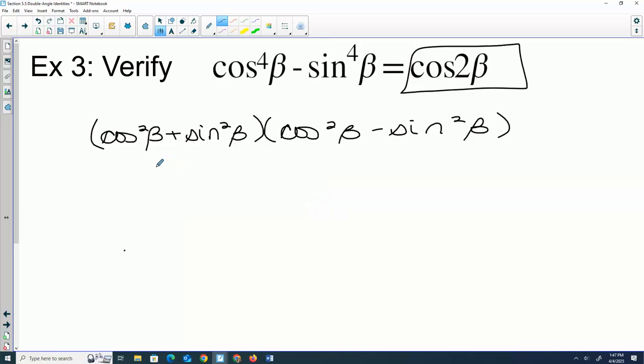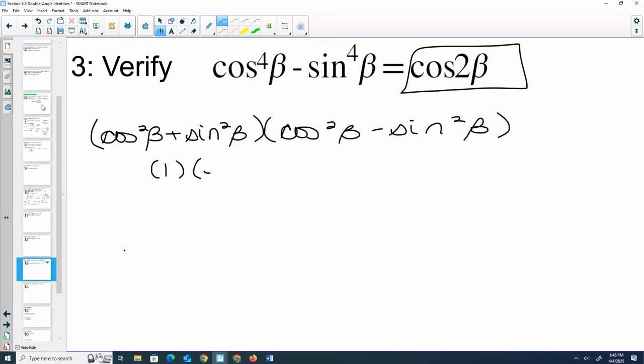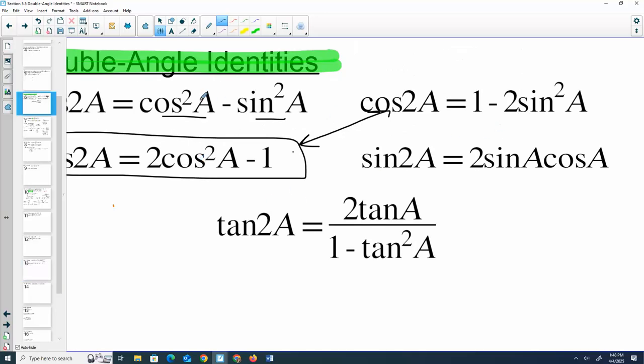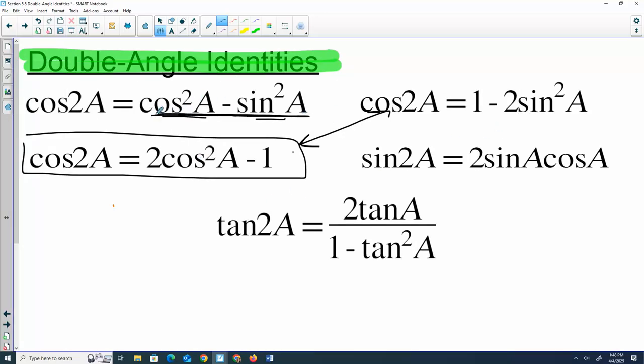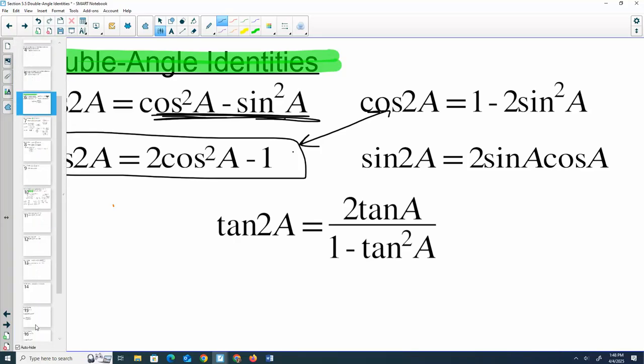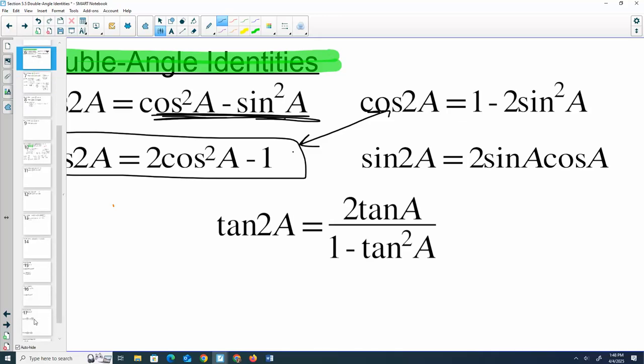What's cosine squared plus sine squared? What's cosine squared minus sine squared? Cosine squared minus sine squared is the cosine 2a formula, so that is the cosine 2 theta.